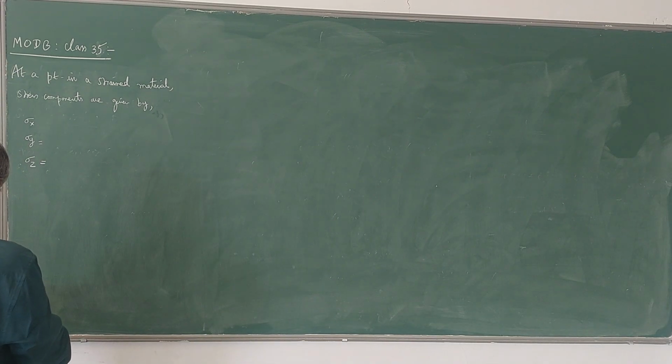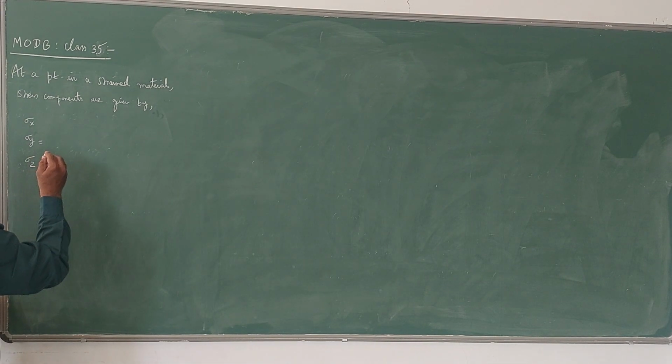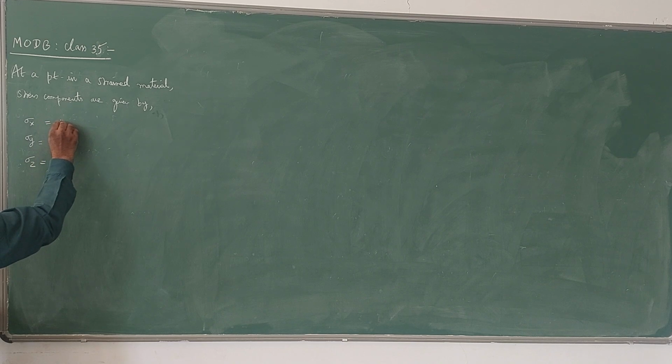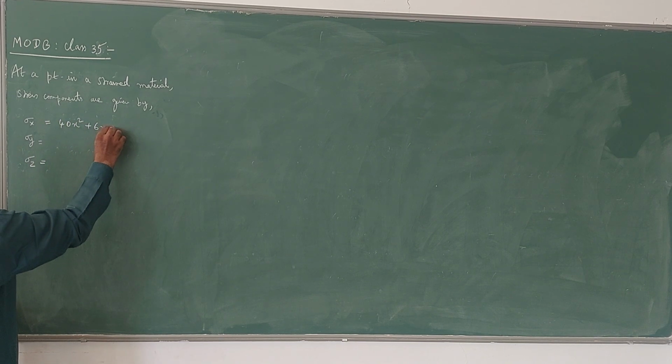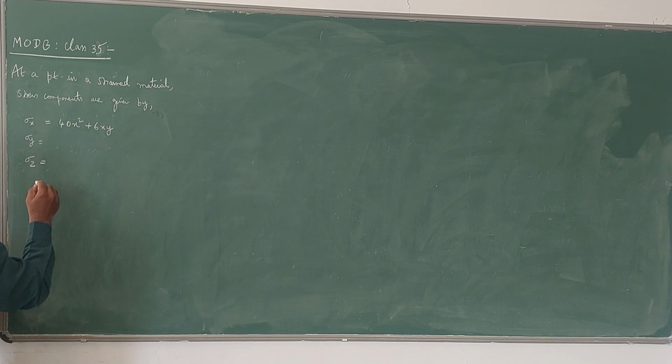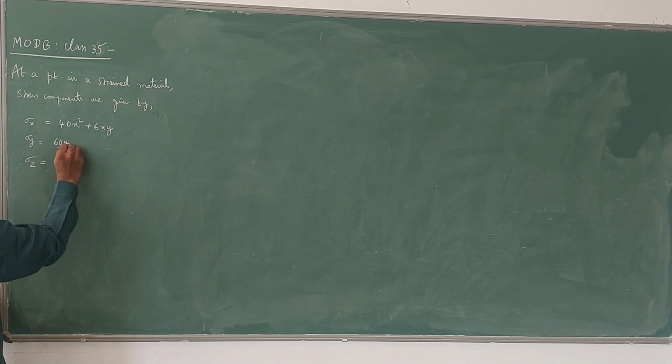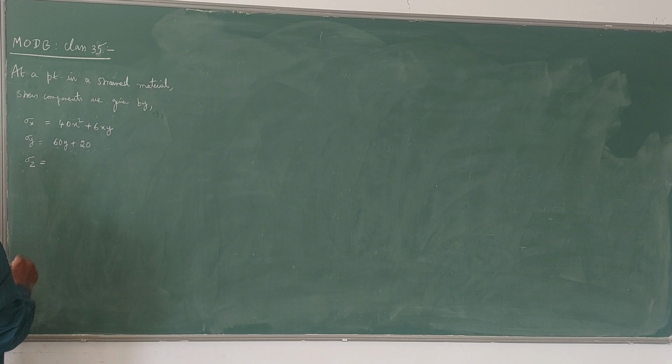So sigma x is given as 40x square plus 6xy. Sigma y is given as 60y plus 20. Sigma z is 50z square.